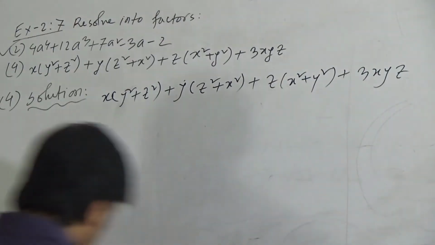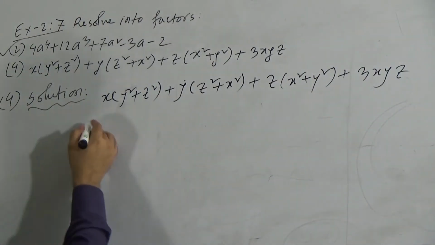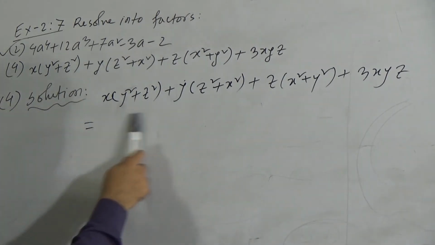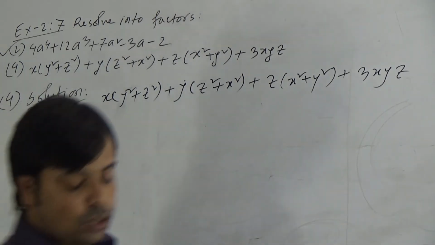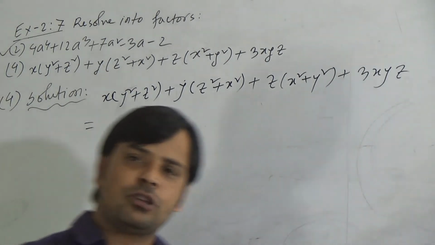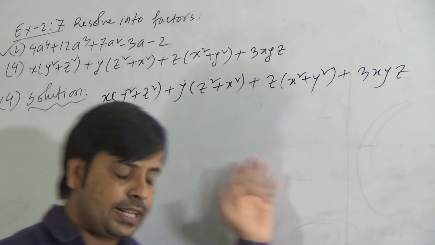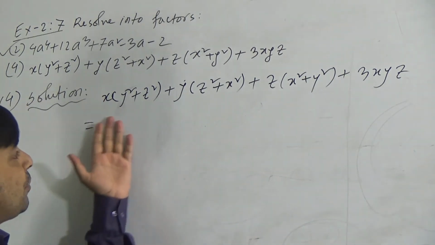Dear students, to factorize this, at first we need to multiply this. Otherwise we can take common anything. As we can take common anything from this given polynomial or expression, so we have to multiply this.